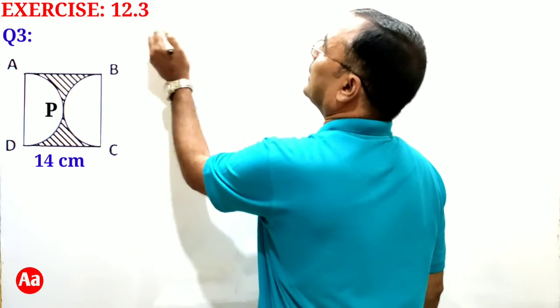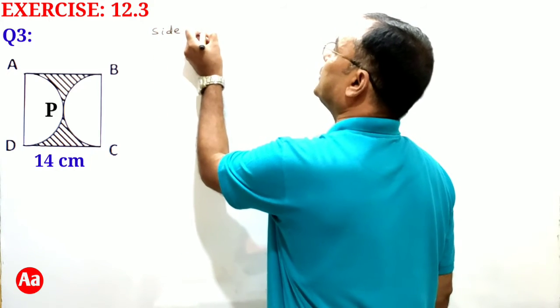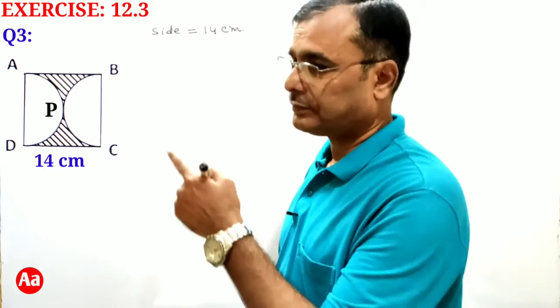So let's write: side of square is 14 centimeter.